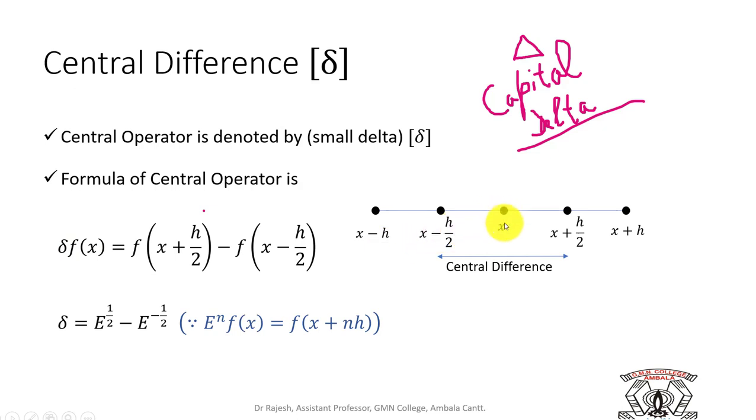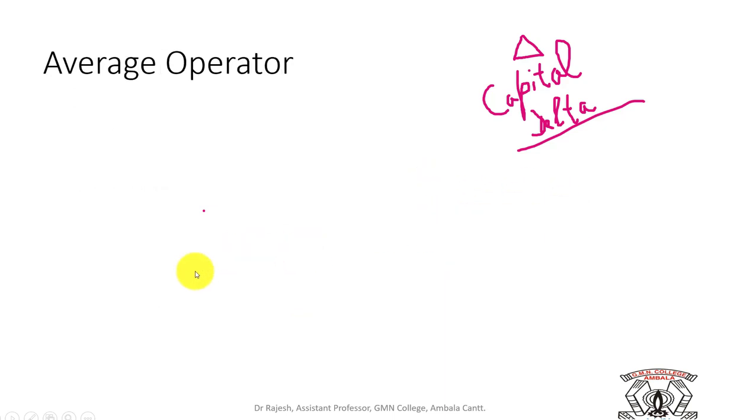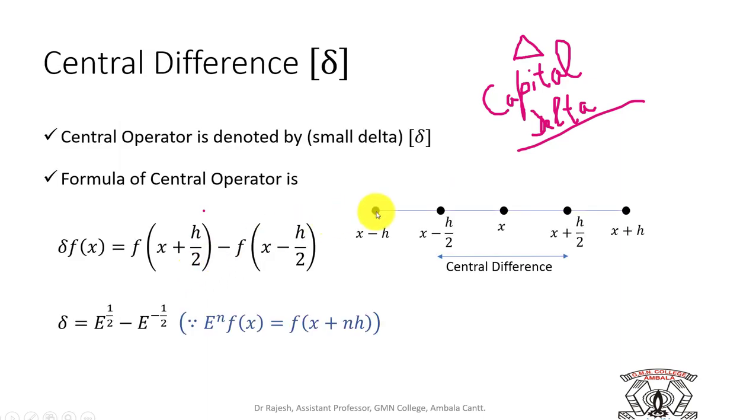Because this is in the center and the difference is between these two quantities. One is to the right of the center and one is to the left of the center, exactly in between. So this difference is called central difference operator.